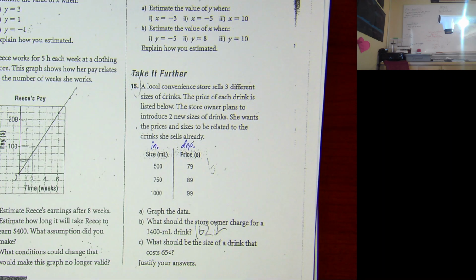Okay, how we doing? So every line is 250 mils. Okay. Yeah. Now connect your dots.